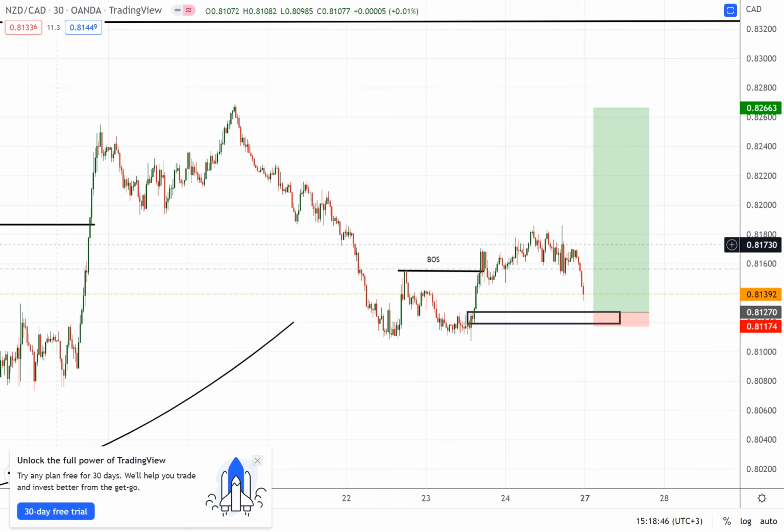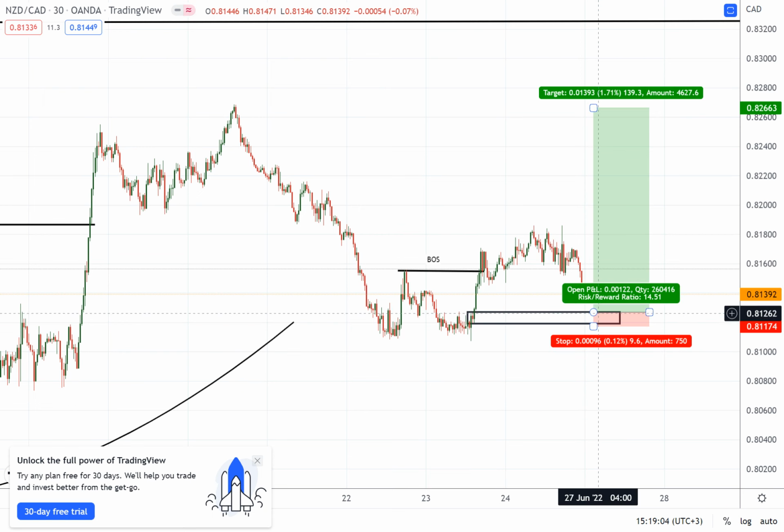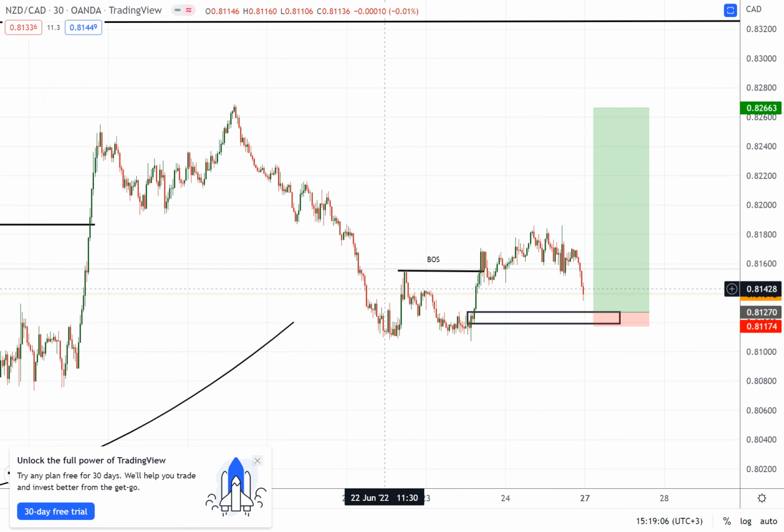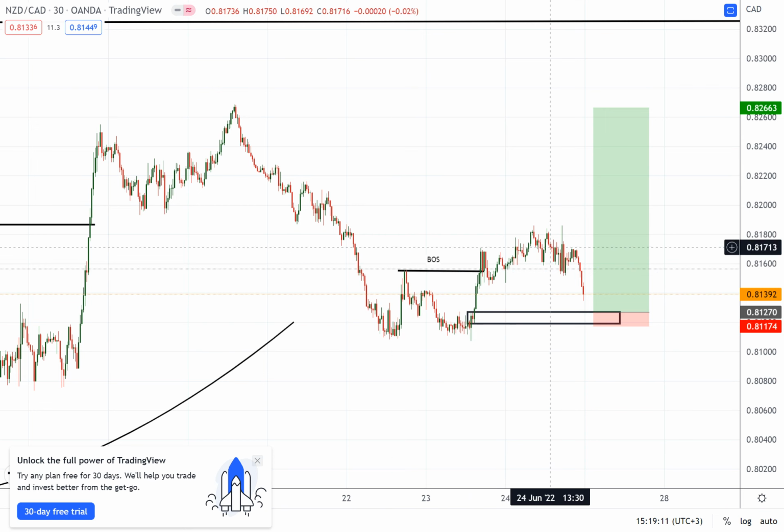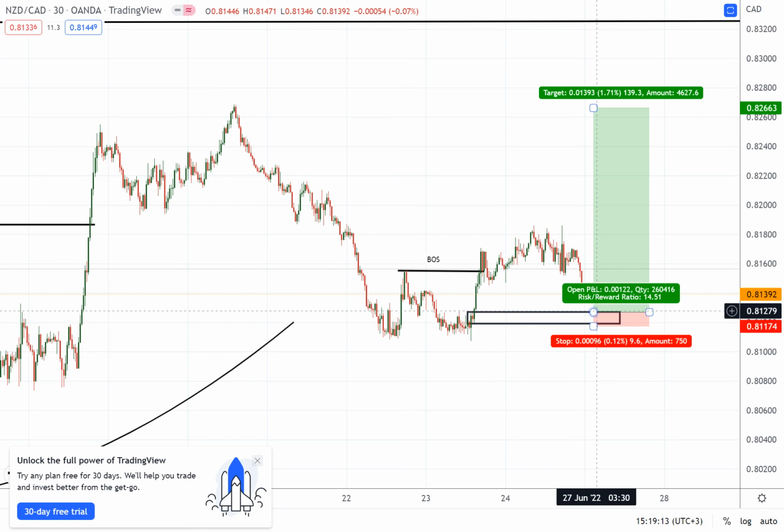Then we went to our 15 minutes, and we found another OB around this place that was tested on our 4H. Remember, our 4H OB started from around here to around here. Then we went to 30 minutes. We found another break of structure to the upside, so I'll be looking to scale into this place.